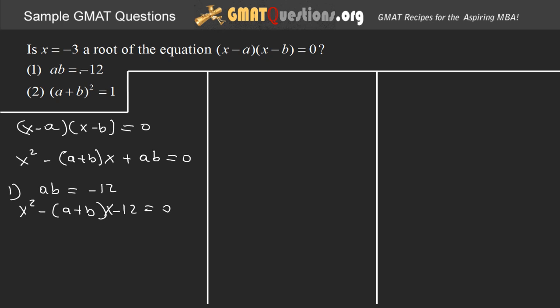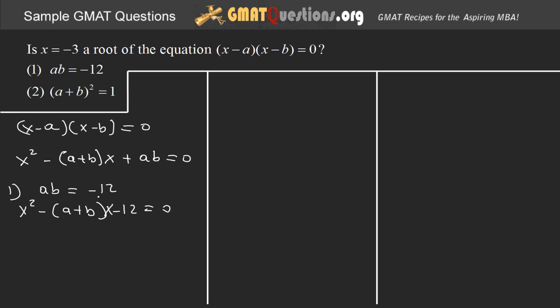So again, we are trying to find out if this is a root. We cannot even say that this is equal to 0 if you plug in a negative 3, because that is the question. So clearly here you won't be able to do it, because even though we have the product, we don't have the sum. If a is equal to negative 3, we don't know b. You can put a equal negative 3 here, and this is going to give us b equal 4, but we don't know whether b equals 4 or not.